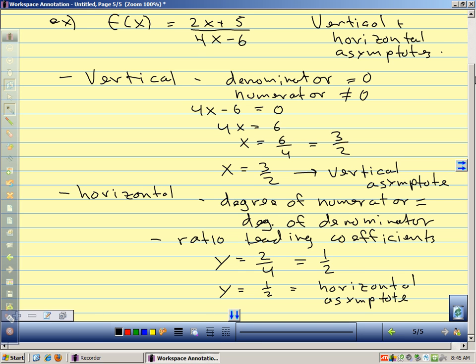And the last thing we're going to talk about is how we sketch graphs of rational functions. Finding the asymptotes is one of the steps we use in sketching these graphs. All right, we good?